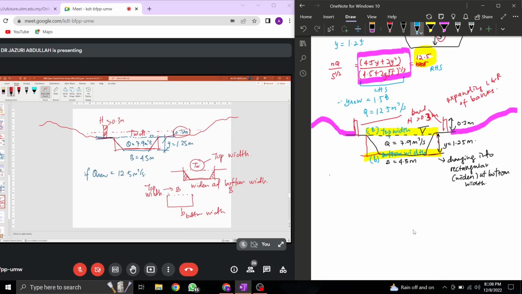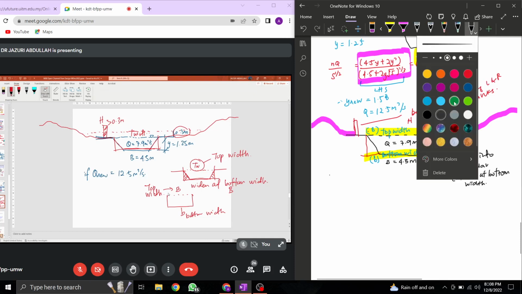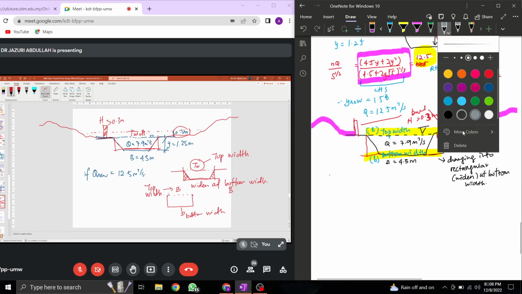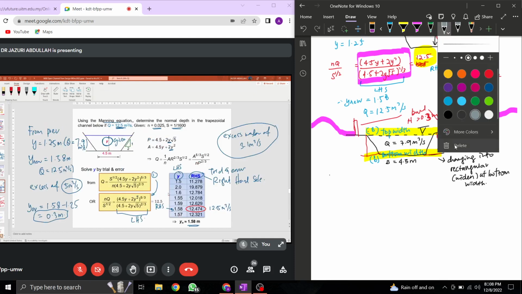Jadi kita kena buat comparison, kita kena bezakan Q yang kita calculate di dalam channel adakah mampu untuk menampung Q yang terhasil daripada flood frequency analysis, Q yang terhasil daripada Q equal to CIA rational method ataupun daripada Muskingum punya approach. Okay, ada soalan ke berkenaan dengan example slide sekarang ni?